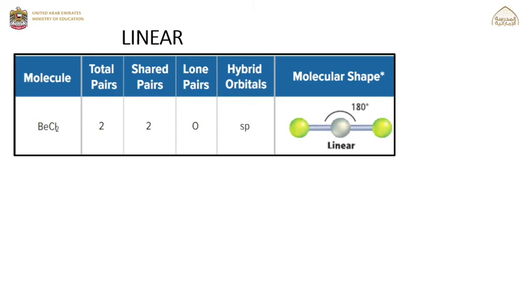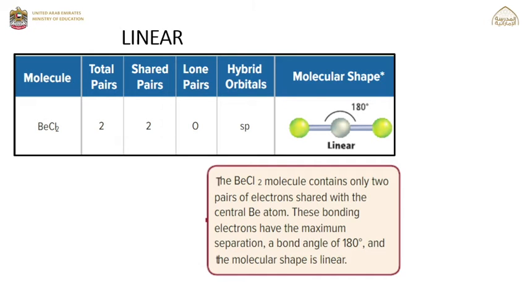For linear, we have a very good example in beryllium chloride. It is a molecule that contains two pairs of electrons shared with the central beryllium atom. These bonding electrons have a maximum separation, a bond angle of 180 degrees, and the molecular shape is called linear. Its hybrid orbitals are s and p.